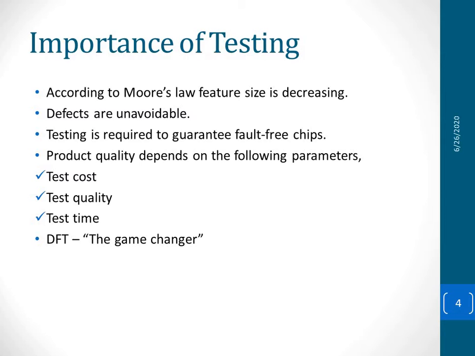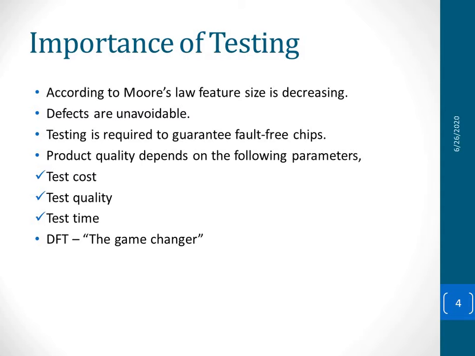According to Moore's law, feature size is increasing. As feature size increases, the number of components incorporated into the device also increases. That means the size of the IC remains the same, but the number of things integrated into it increases.